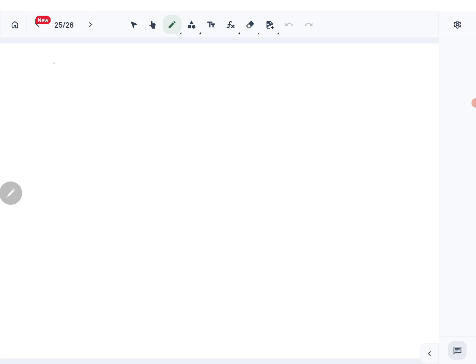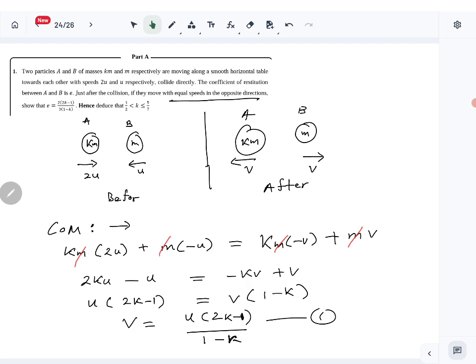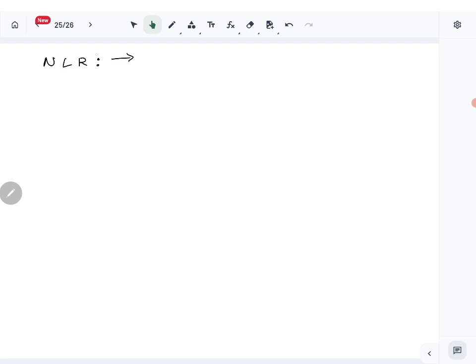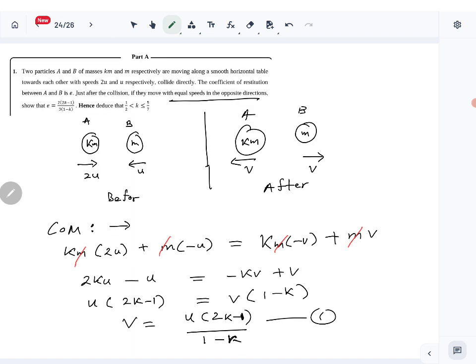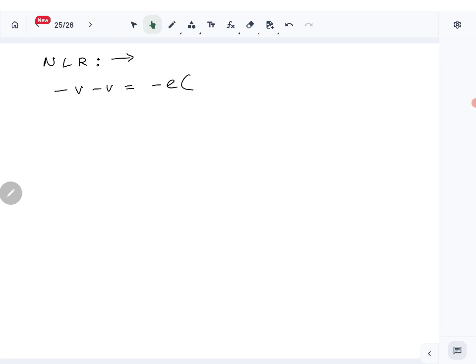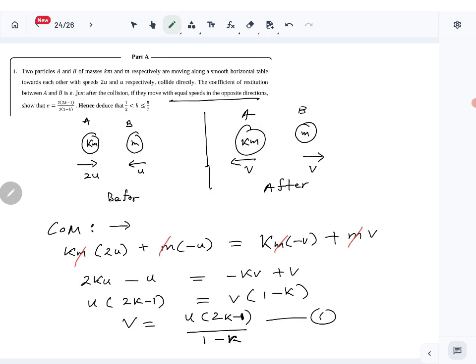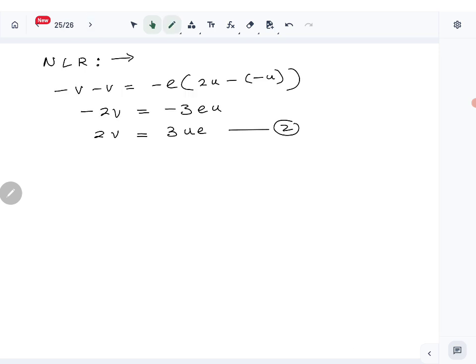Now apply Newton's law of restitution again in this direction. So minus v minus v equals minus e times 2u minus u. Minus 2v is equal to minus 3eu. So the minus signs cancel. That's the second equation. Now substitute 1 into 2 and get rid of v.